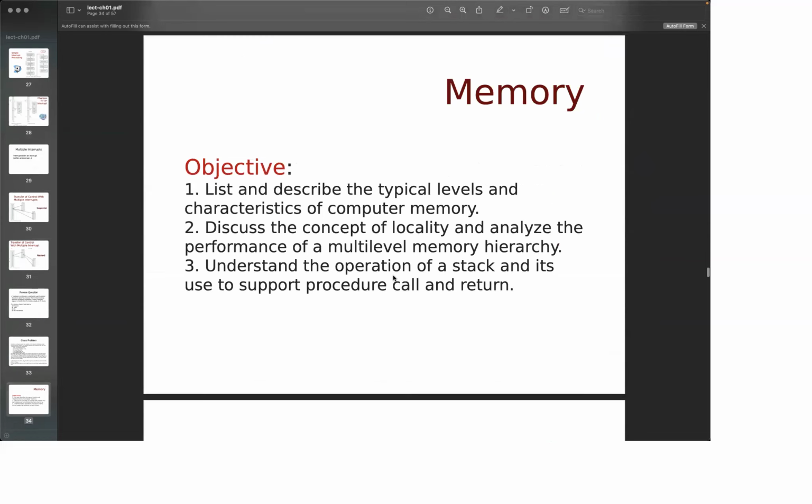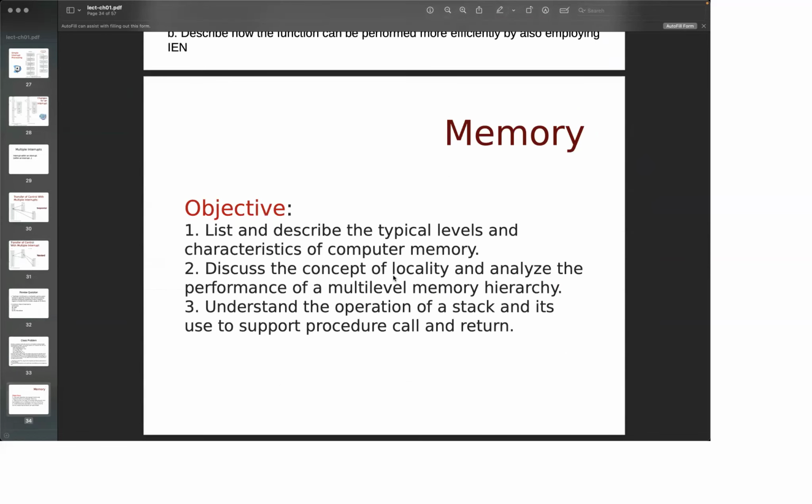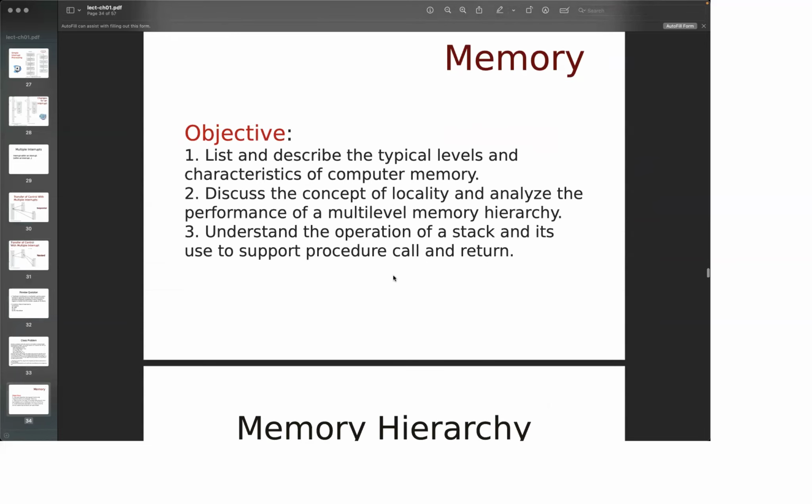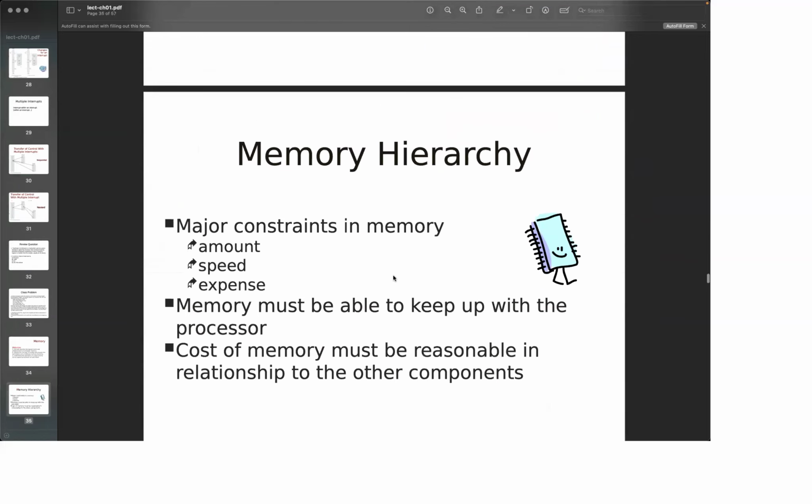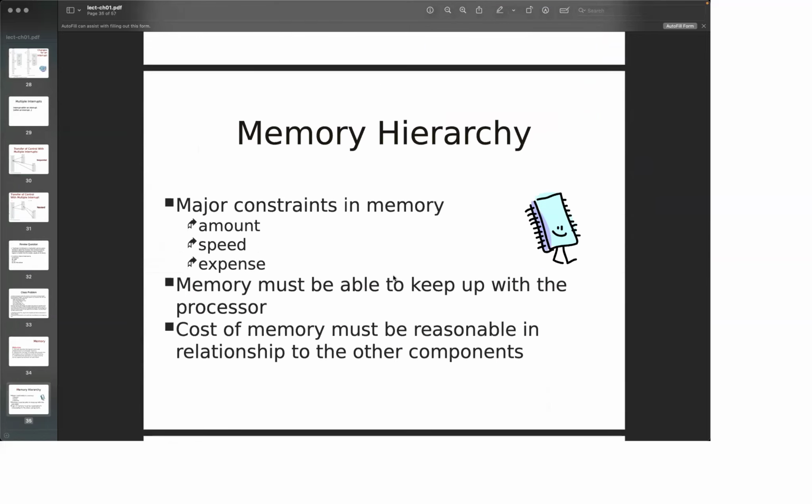Right now, after I talk about how the CPU processes, we'll move on. Basically, to know the memory hierarchy, the major constraints in memory are always the amount, speed and expense. Most of the time the memory needs to keep up with the processor.